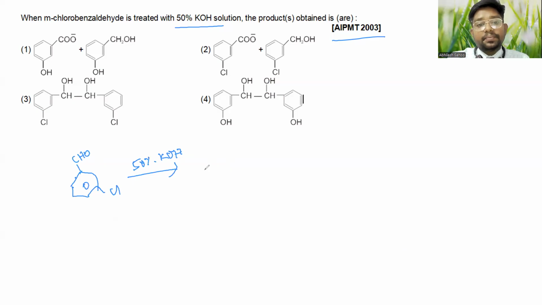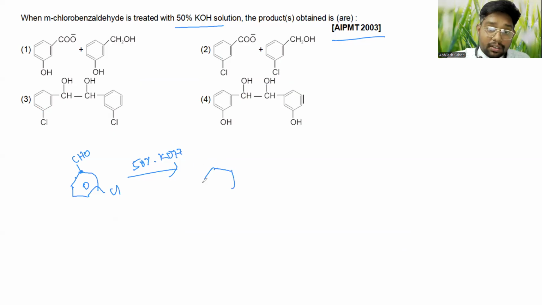See here, this aldehyde doesn't contain any alpha hydrogen. That means it will undergo Cannizzaro reaction. Cannizzaro means it will disproportionate into two products, carboxylate anion and alcohol.